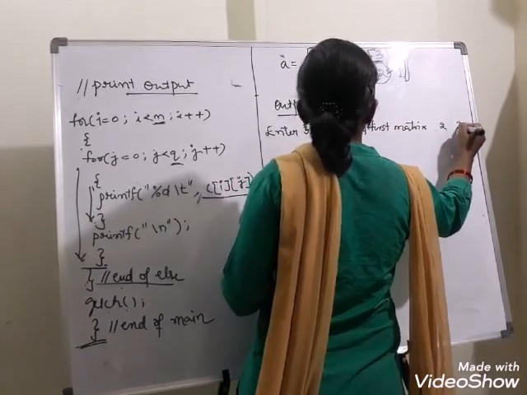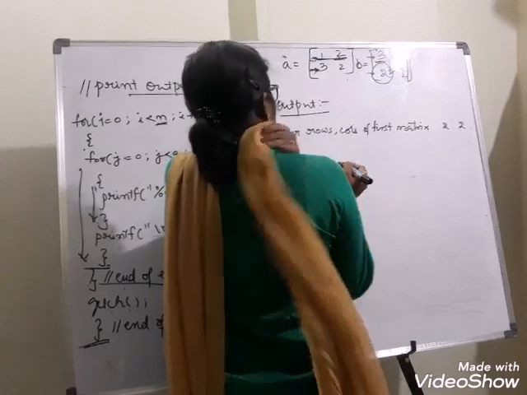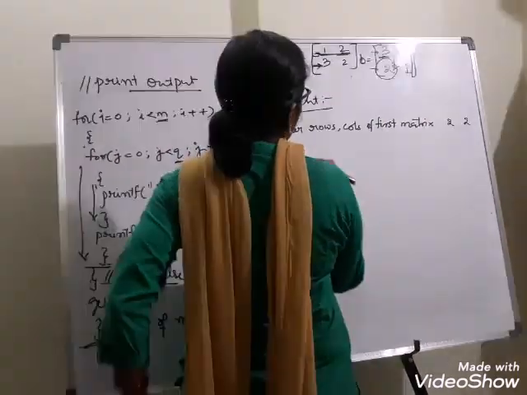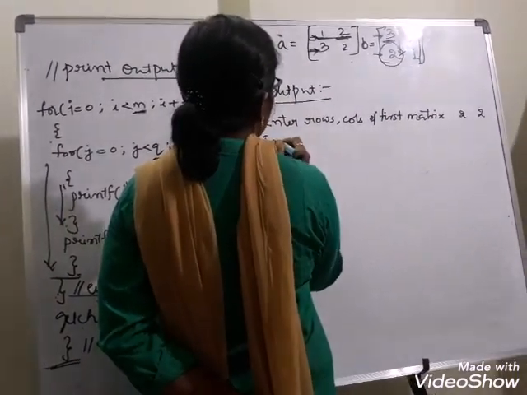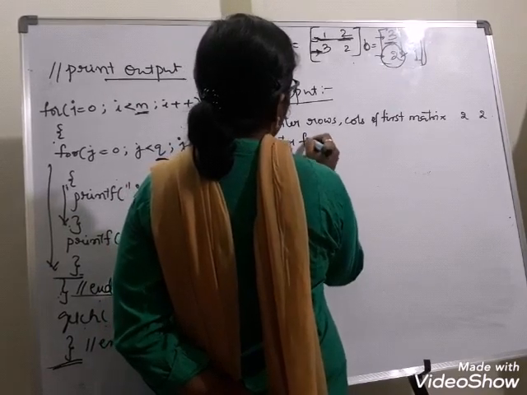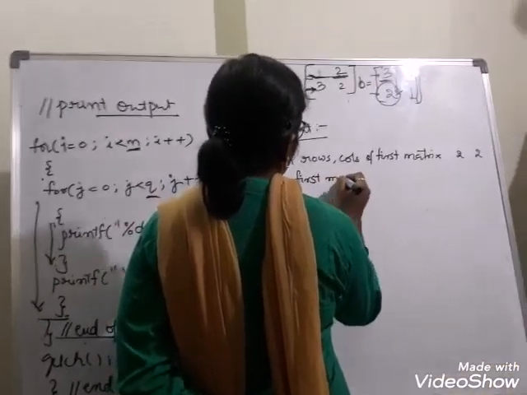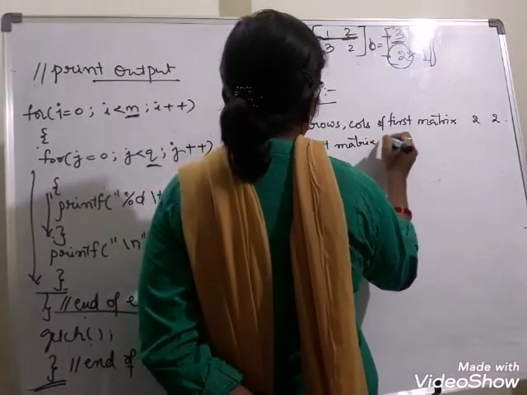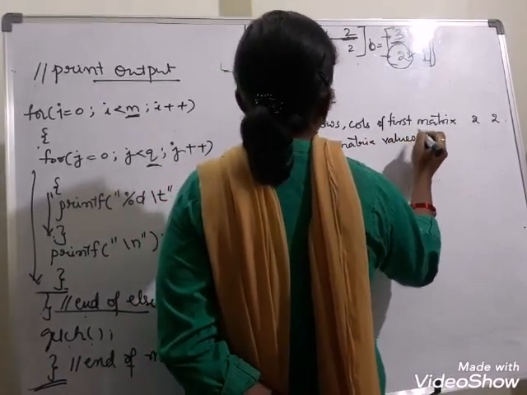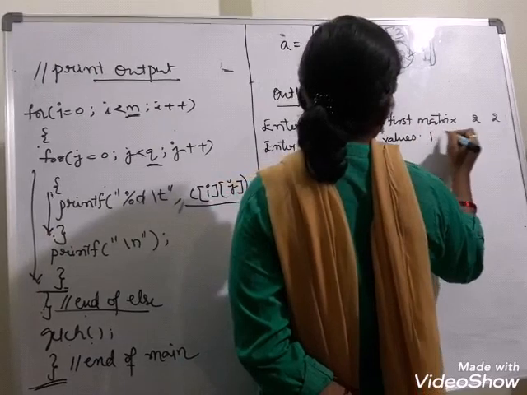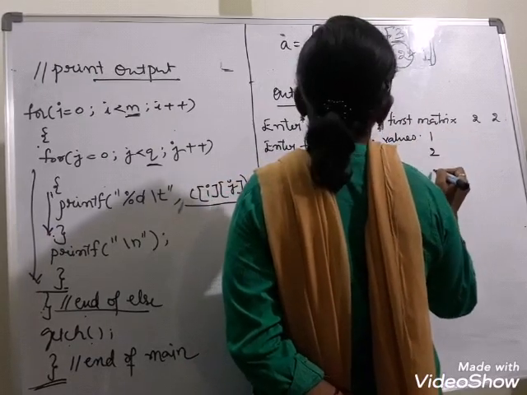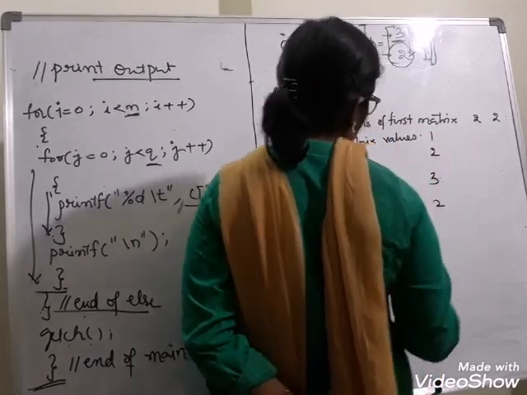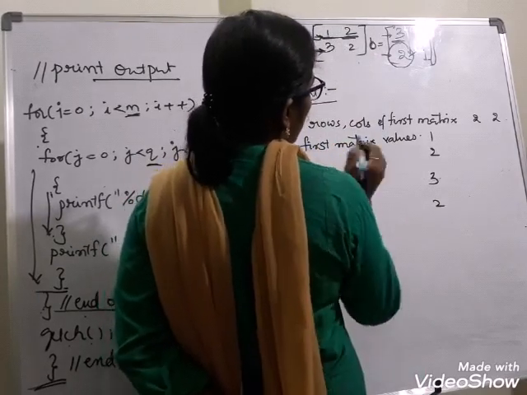So I will enter 2 and 2. Okay. So this will be my m and n, right? Then it will ask to enter the first matrix values. So I will enter the same values, 1, 2, 3, 2. Okay. 1, 2, 3, 2.